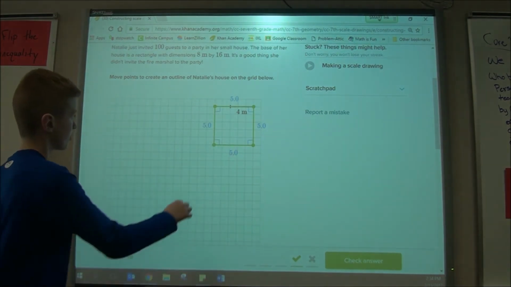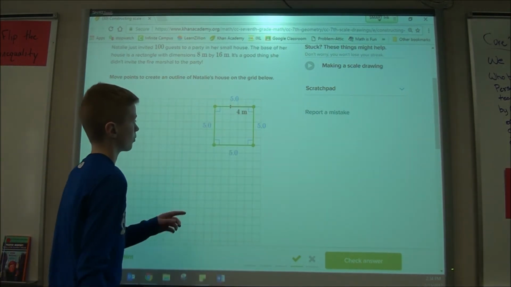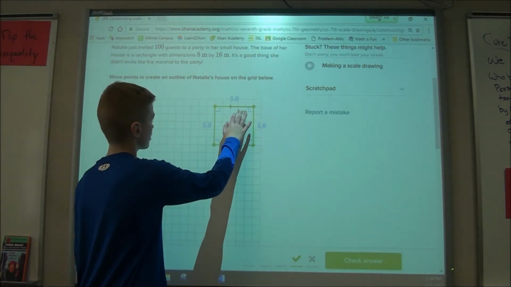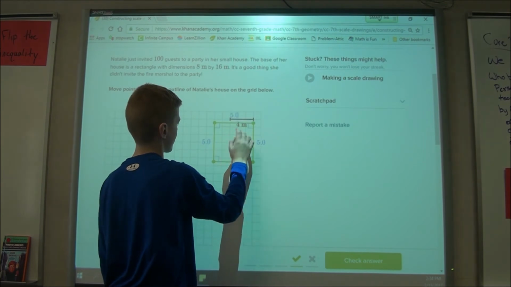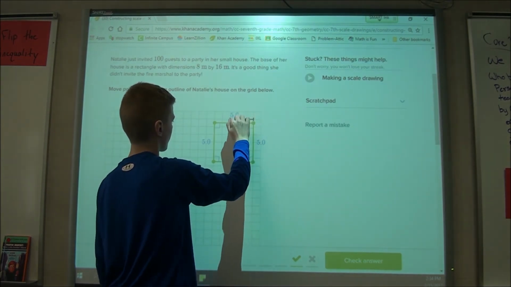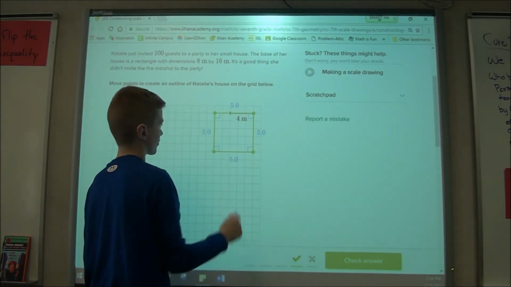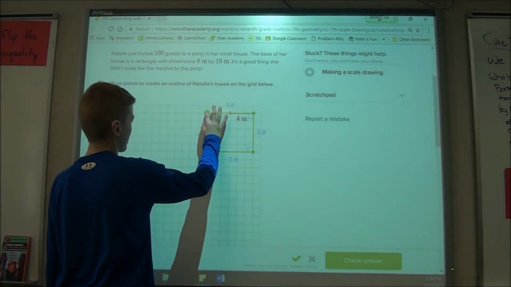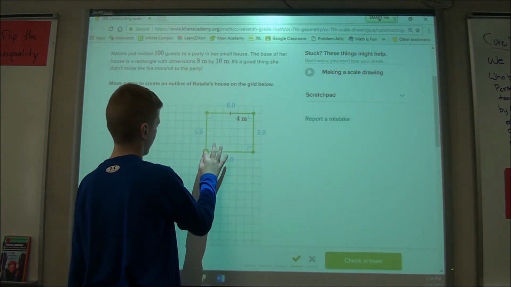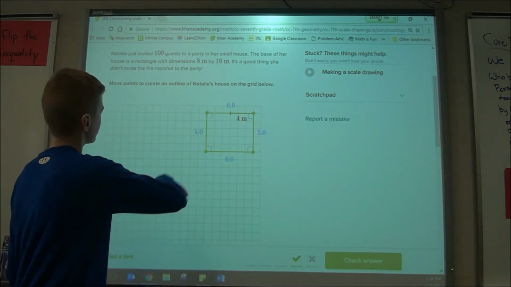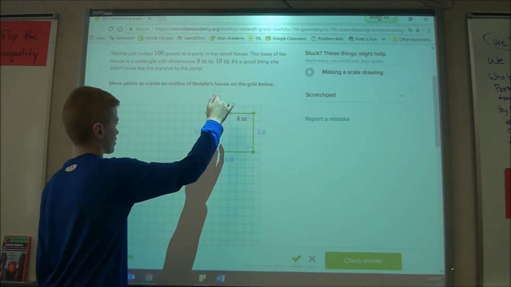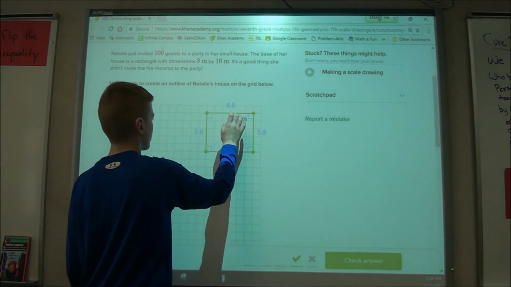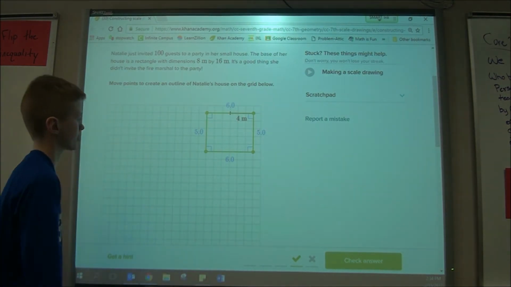So the first one was 8 by 16. So the first dimension we're going to create is an 8. So three cubes make a 4. So if we have 6, then we have 8, because 6 of these squares equals 8 meters.